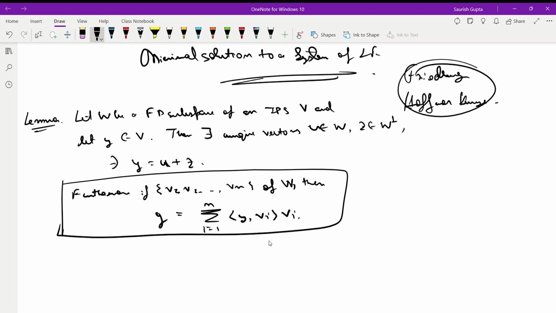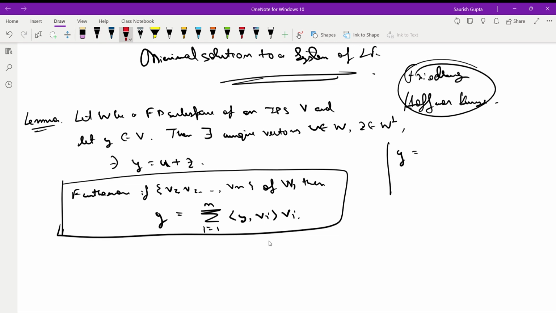There is nothing too complicated here, right? Since u is an element of W, you can write u as a linear combination of the vectors v1 till vn. If you write y as a linear combination of the vectors v1 till vn plus z, now z comes from W perp.